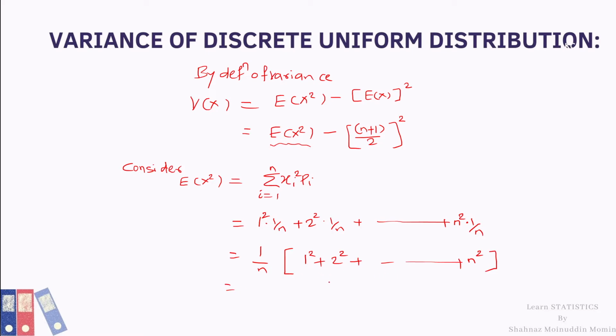The expression in the bracket is nothing but the sum of squares of first n natural numbers, and we already know the formula for it. So it is 1 by n into n into (n plus 1) into (2n plus 1) divided by 6.